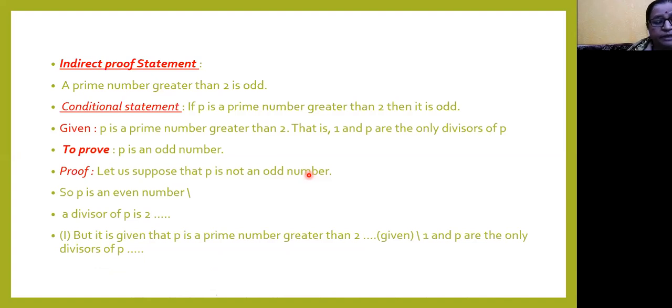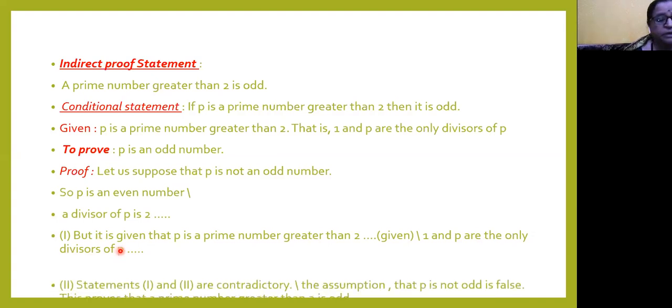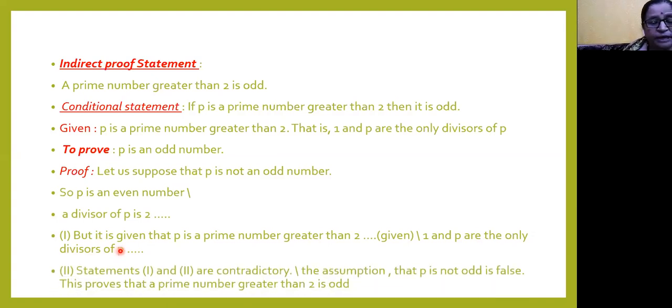But it is given that p is a prime number greater than 2, and 1 and p are the only divisors of p. So statements 1 and 2 are contradictory, and the assumption that p is not odd is false. This proves that prime numbers greater than 2 are odd.